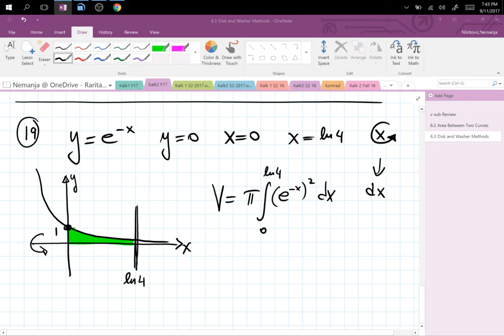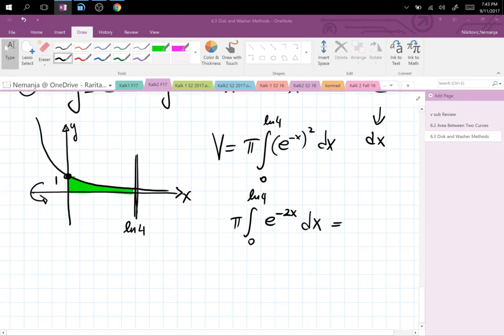Exponents multiply. So we have pi integral 0 to ln4 of e to the negative 2x dx. As I integrate this, eventually, when you integrate 5 million of these, you will know that the integral is e to the negative 2x over negative 2 from 0 to ln4.